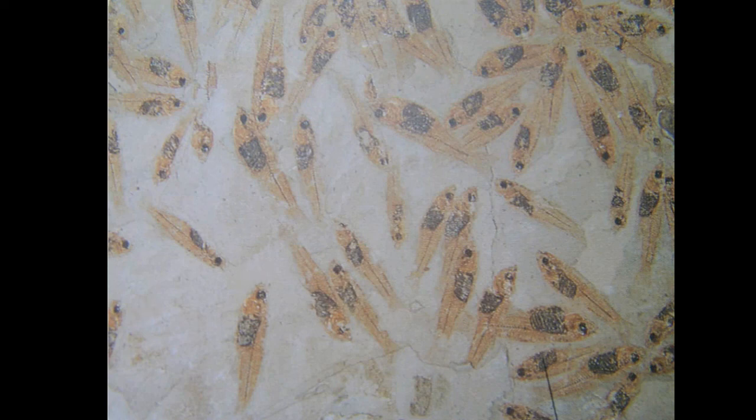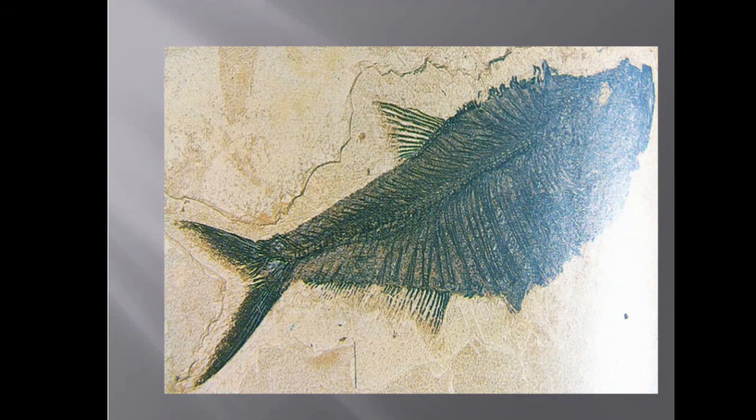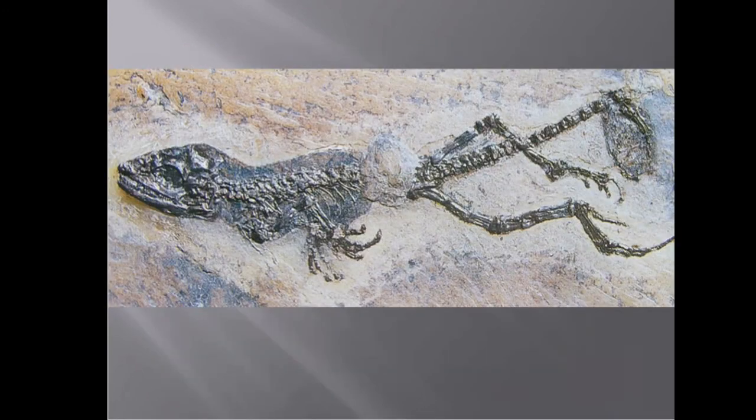These are impressions of fishes on the sedimentary rocks. It is also an impression of a fish of the remote past. That is a reptilian, a compression of a remote past reptilian.